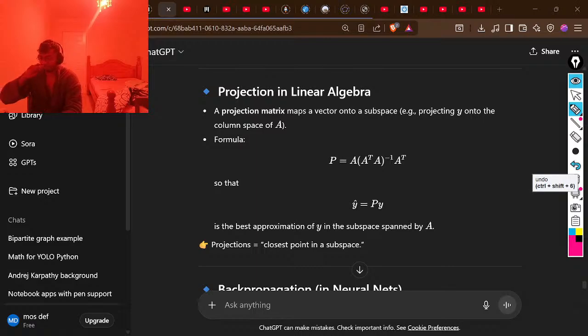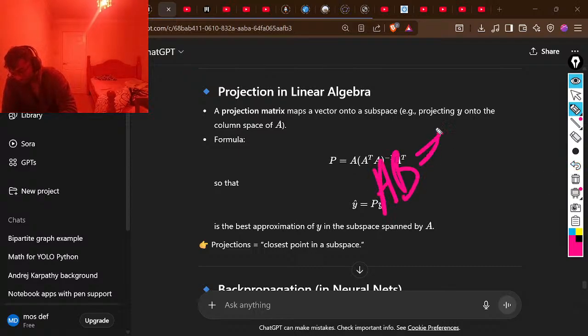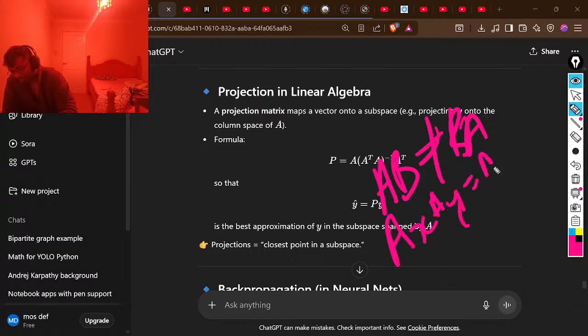This is about projection, not really about transformation. We need to understand transformation. This is not equal to this, but for projection, AXAY is equal to AYX. It doesn't matter how.